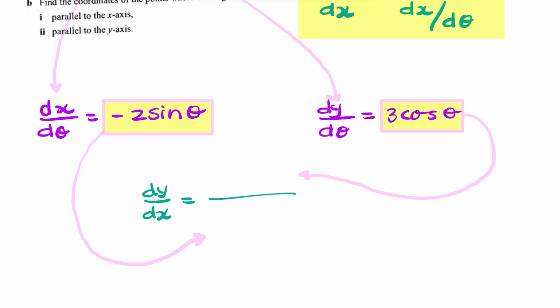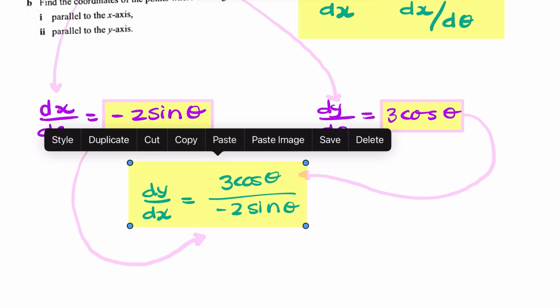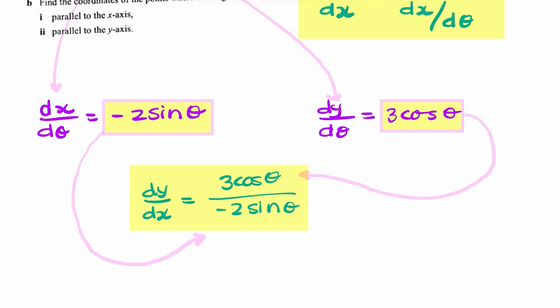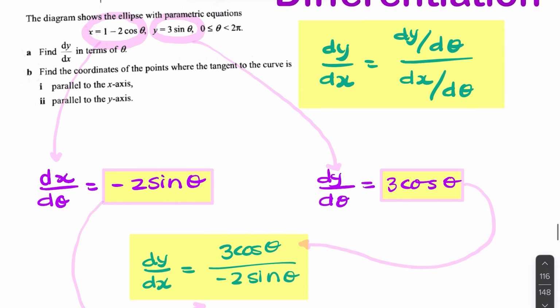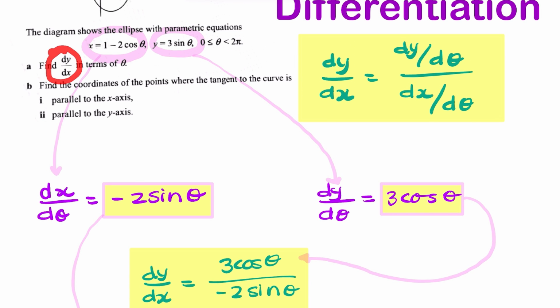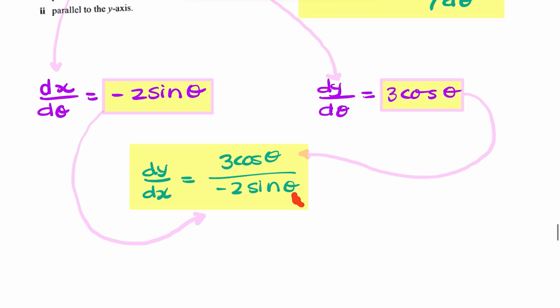So it's 3 cosine theta over negative 2 sine theta. So that's dy by dx. You could rewrite that as negative 3 over 2 cotan theta if you wanted, but that's good enough for the purposes of this question. It says find dy by dx in terms of theta, and we've done that there. So that's part A complete.